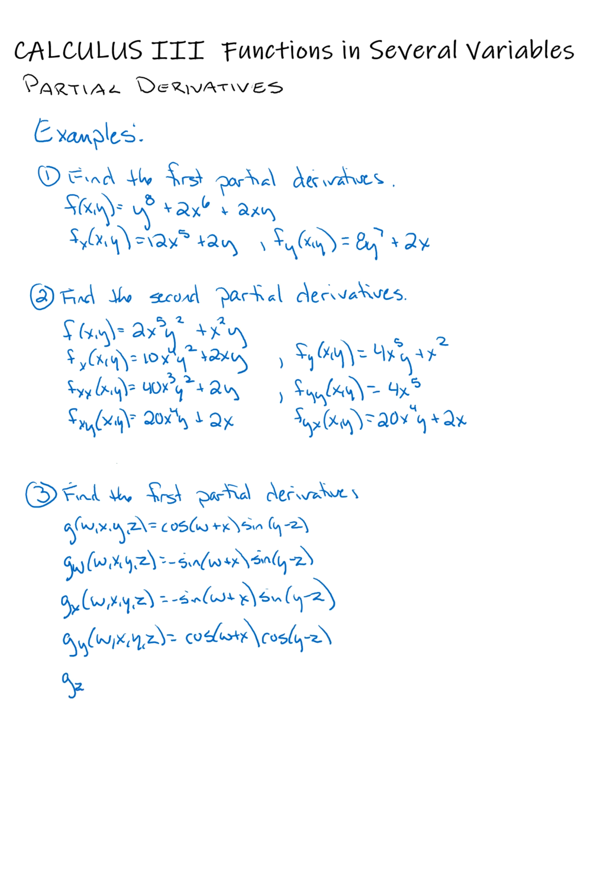The partial derivative of g with respect to z. Again, my z is just here in the back, which means that first bit here is a constant. Let's just write that down. No problem. Actually, that's an equal sign. All right. Okay, there we go. And now the derivative here in the back of sine is cosine of y minus z, but chain rule says I need to take the derivative of my argument.